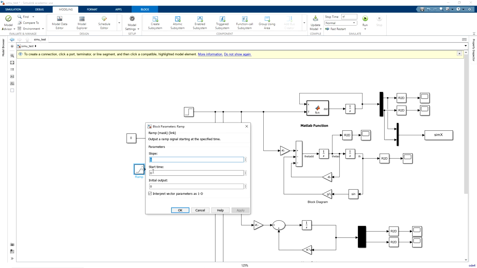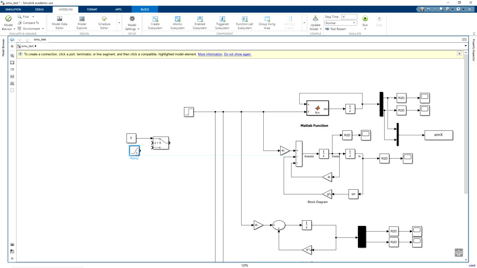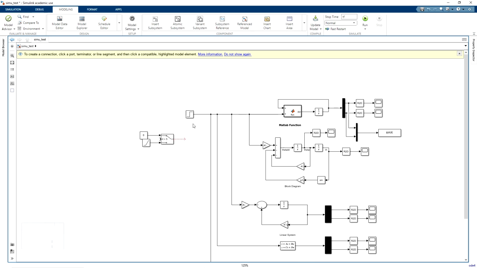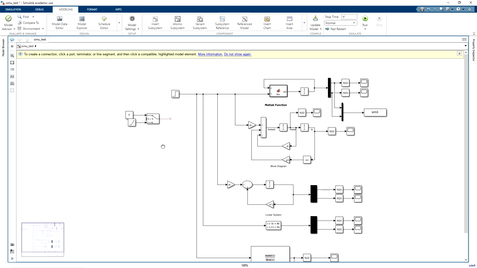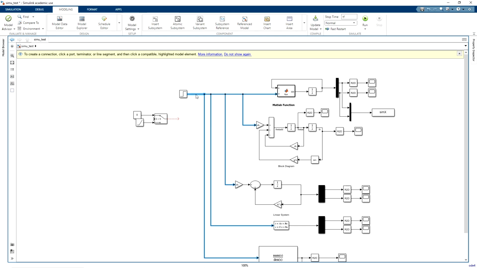I will write a slope here, start time 0. All right. Now, instead of this step input, we will try with this switch block of ramp input.